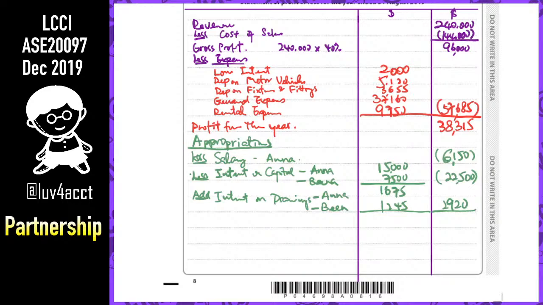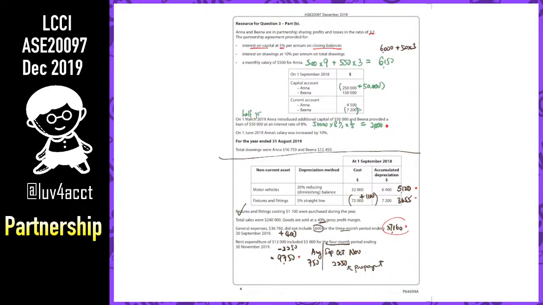So with 38,315, we have 12,585. Usually I call it residual profit, or profit available for distribution. And then of course we have the share of profit, 3-2 or 2-1, I don't remember. 3-2.